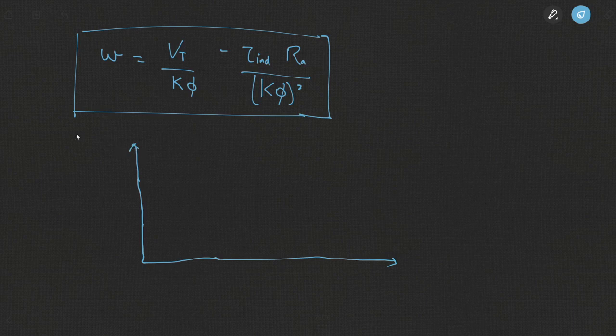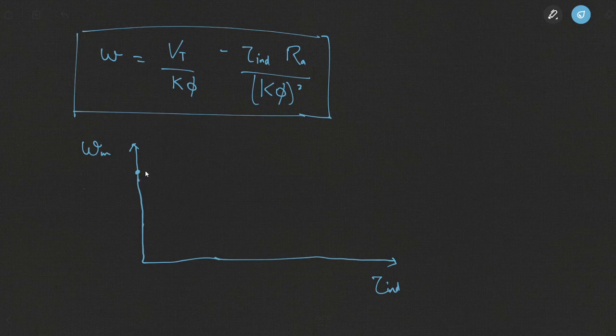This is our omega and this is our induced torque. You can take T induced equal to 0, so omega is Vt divided by K phi.